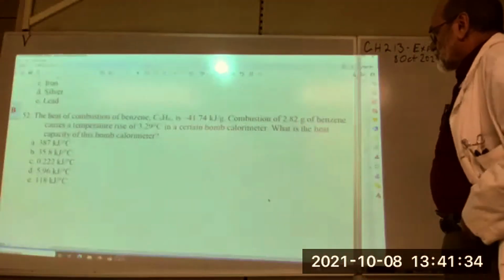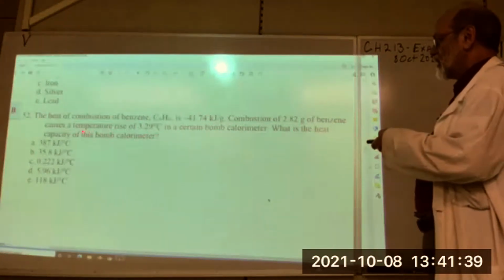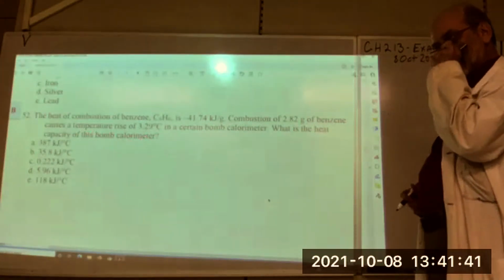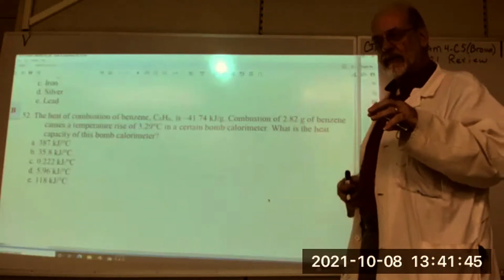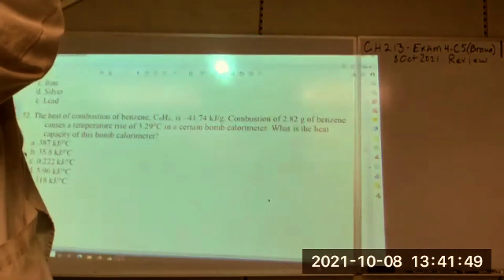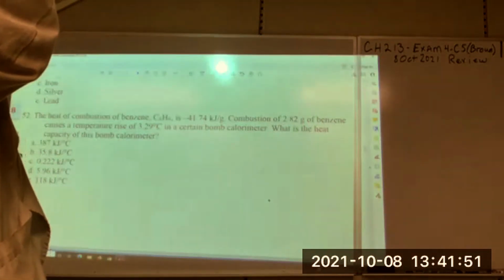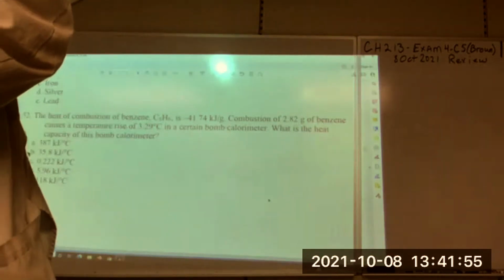So in this one, we want to find out what's the heat capacity of the calorimeter. Remember when we actually go in the lab and do the calorimeter lab, which should be week after next. Yeah, so next week I'll give you that hard copy for you to prepare.